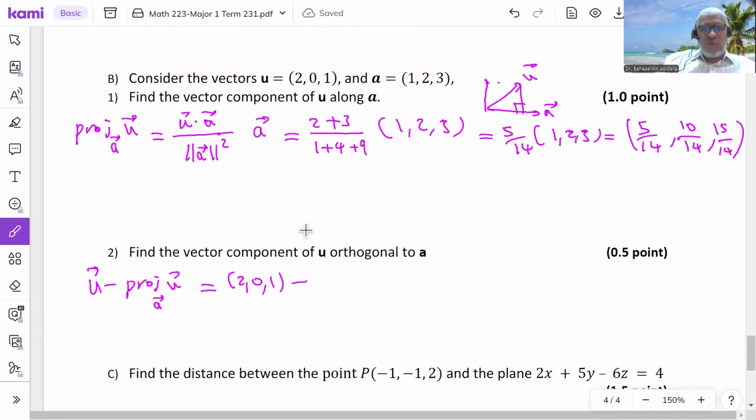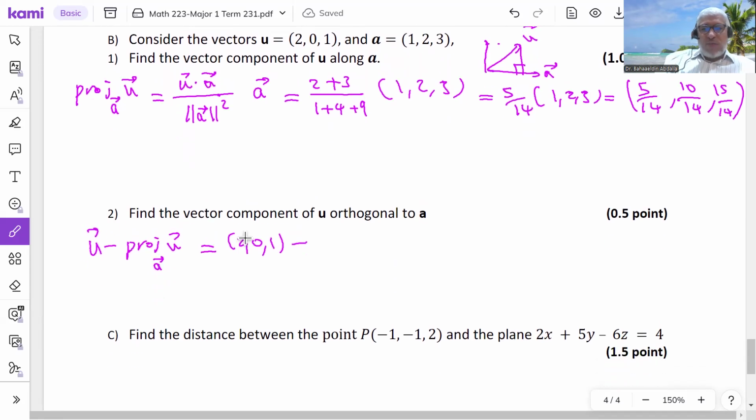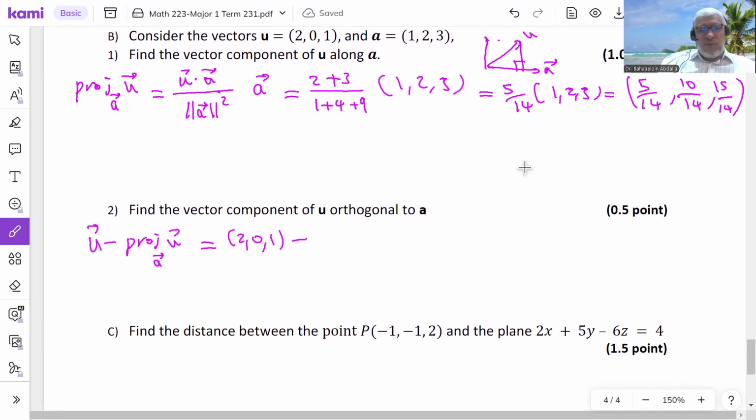This is the vector U in the question, minus the projection which we evaluated in part 1. The projection is 5 over 14, 10 over 14, and 15 over 14. So you just subtract 2 minus 5 over 14.